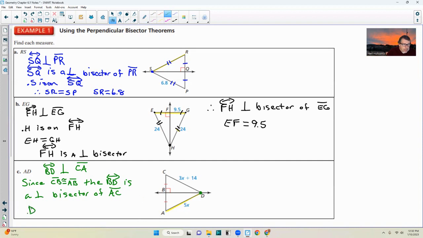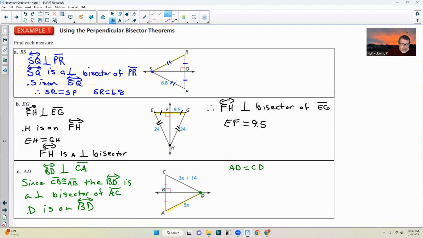And now we can say point D is on BD. And since point D is on BD, then the distances to the endpoints are equal. So now I can say AD has to equal CD.